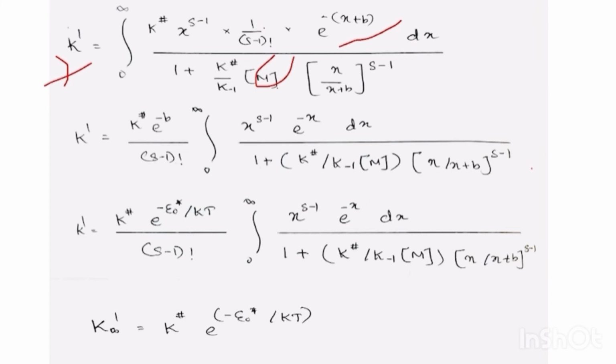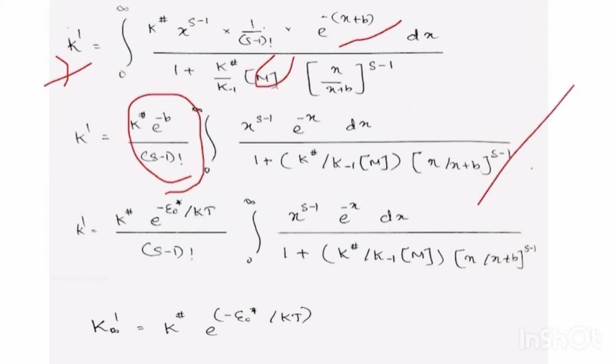We can write k double dash e raised to minus b by (s minus 1) factorial as the constant terms, and the other integral term, that is the integral from 0 to infinity of x raised to s minus 1 into e raised to minus x dx, divided by 1 plus k double dash by k minus 1 into concentration of M into (x by (x plus b)) raised to s minus 1.